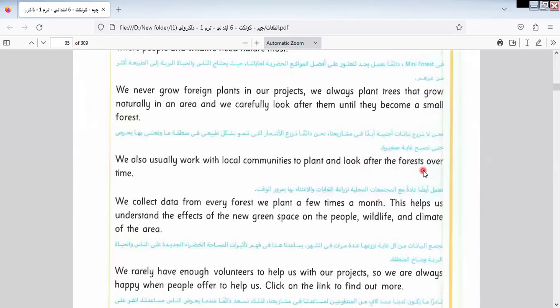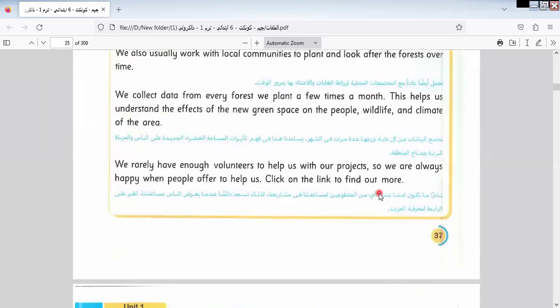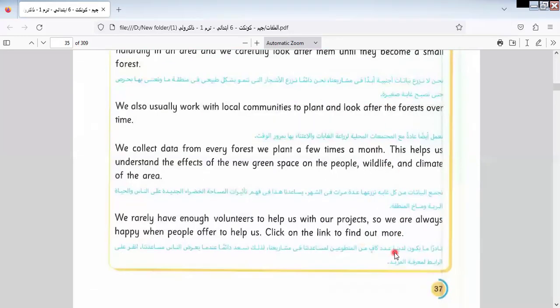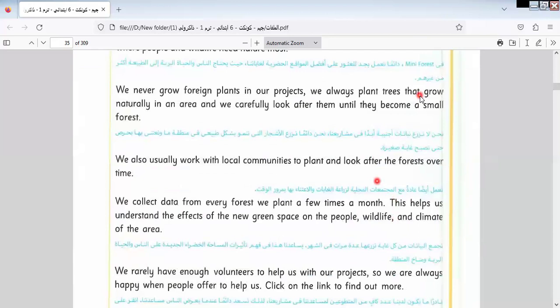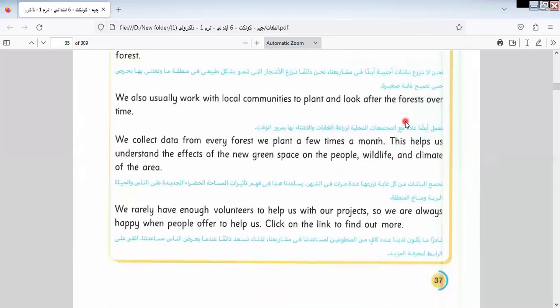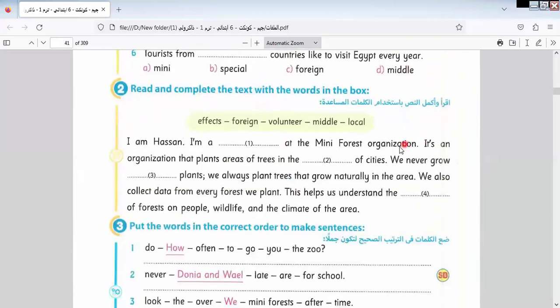We always plant trees here, so we never grow foreign plants.